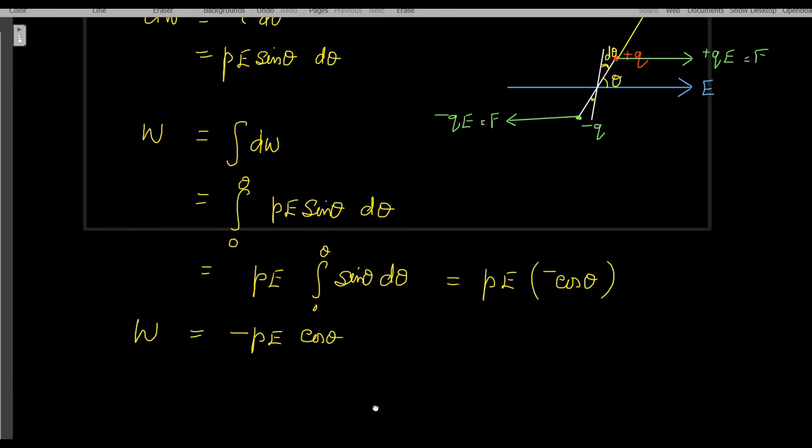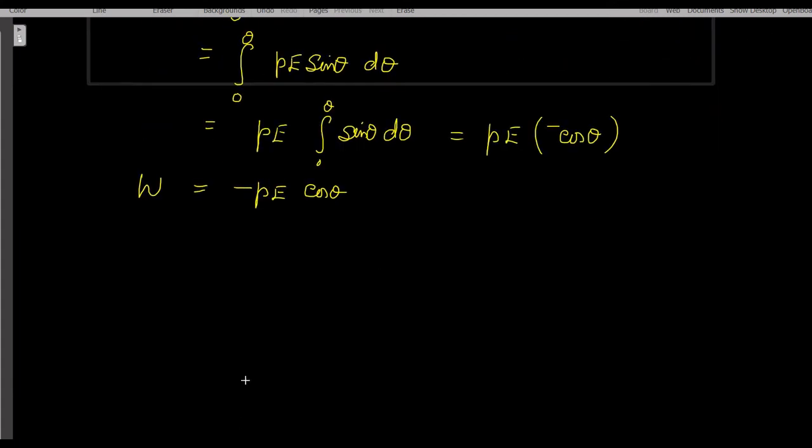And this work is stored in the dipole as its potential energy. So potential energy stored in the dipole on rotating through an angle theta in the electric field will be minus PE cos theta, or it can be written as minus P dot E, where P and E are vector quantities.